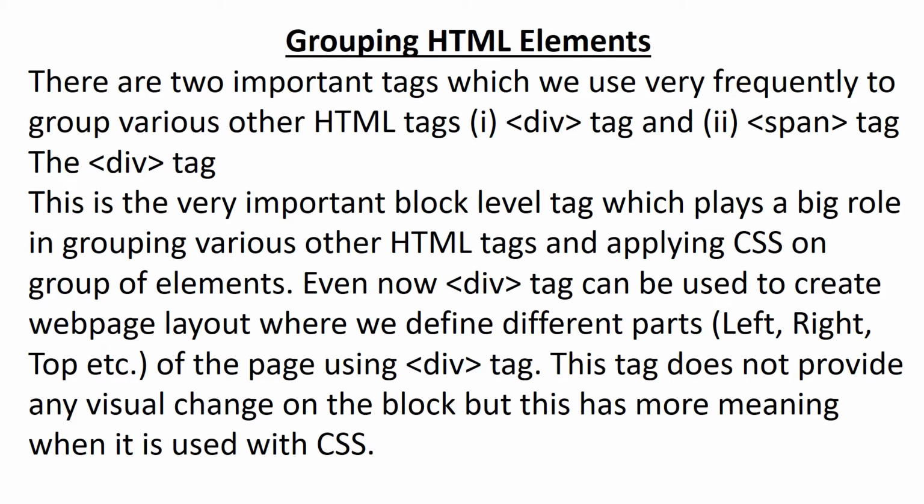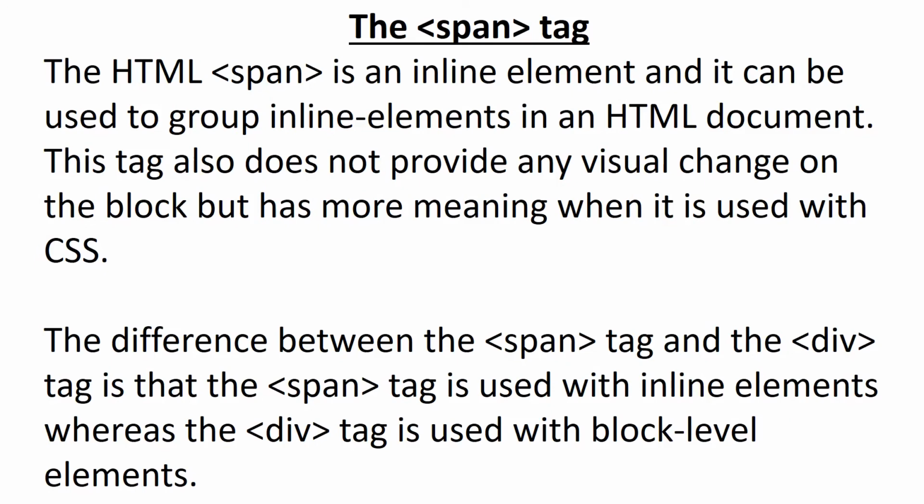Even now, the div tag can be used to create web page layout where we define different parts, left, right, top of the page using the div tag. This tag does not provide any visual change on the block, but this has more meaning when it is used with CSS. Now let's talk about the HTML span tag.